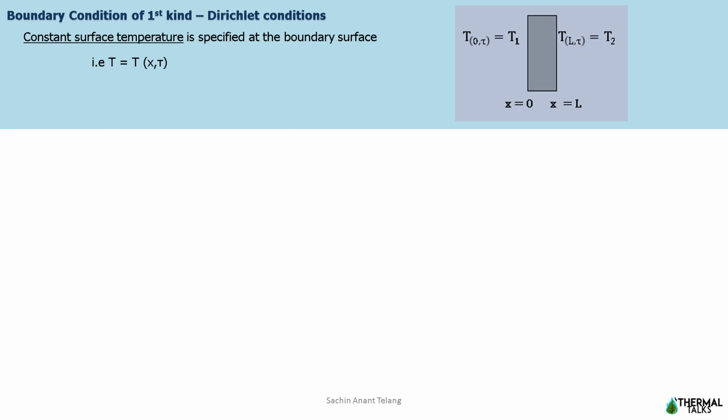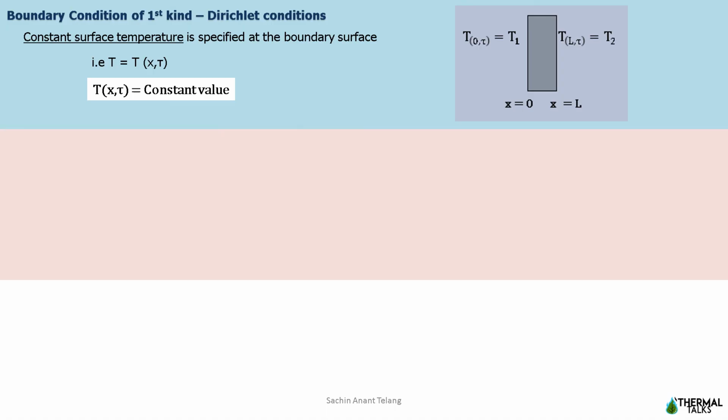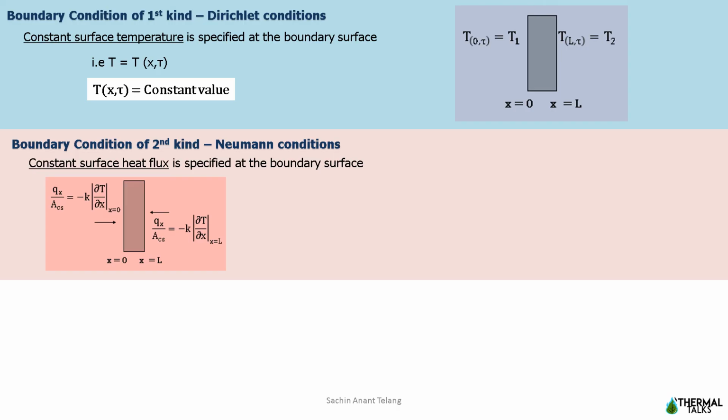Then only will I be able to solve a heat conduction problem. So the boundary condition of the first kind is where the temperature is specified at the surface, or temperature is a constant value which is given.